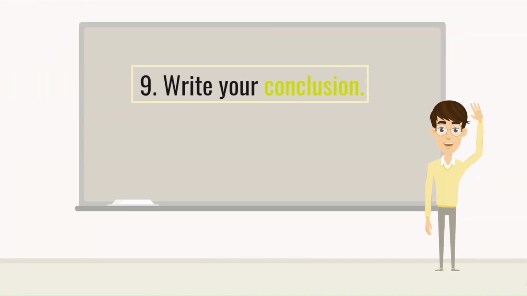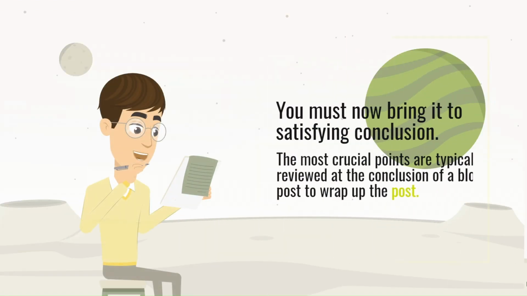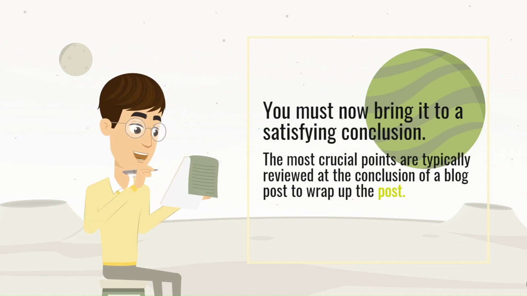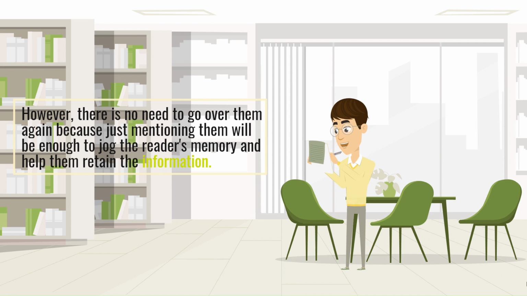9. Write your conclusion. You must now bring it to a satisfying conclusion. The most crucial points are typically reviewed at the conclusion of a blog post to wrap up the post. However, there is no need to go over them again because just mentioning them will be enough to jog the reader's memory and help them retain the information.